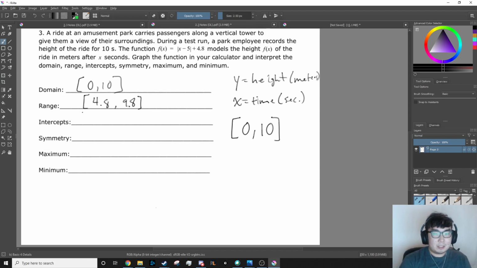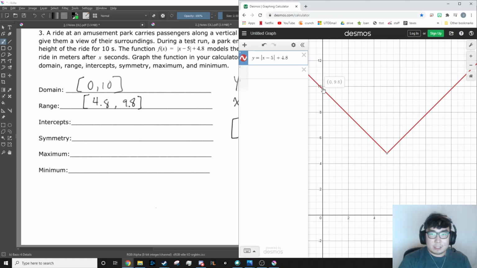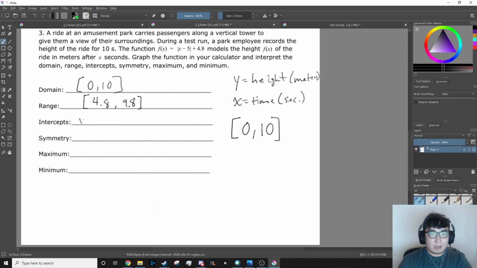My intercepts: I have an intercept right here, which is (0, 9.8). The y-intercept is 9.8, or (0, 9.8).